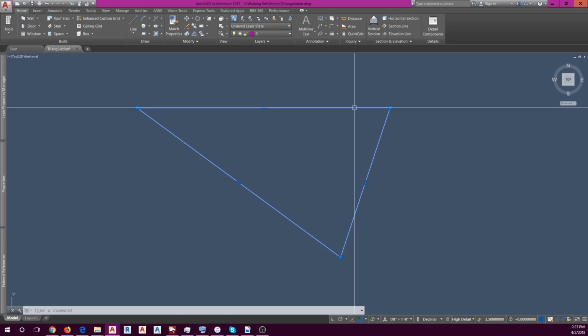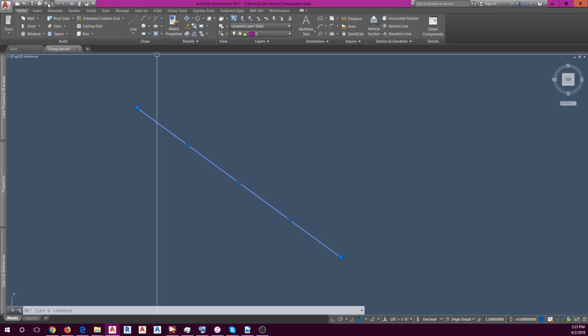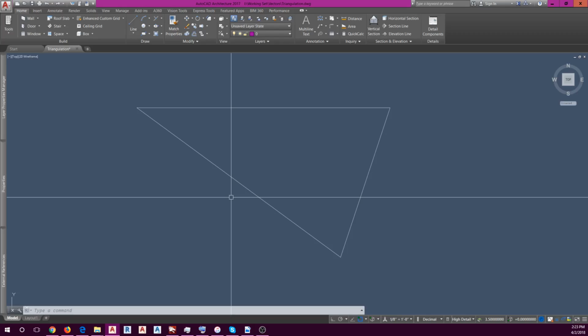And that has something to do with the interior angle sum of a triangle. The interior angle sum of a shape is the quantity n minus 2, that quantity times 180, or 180n minus 360, where n is the number of sides.